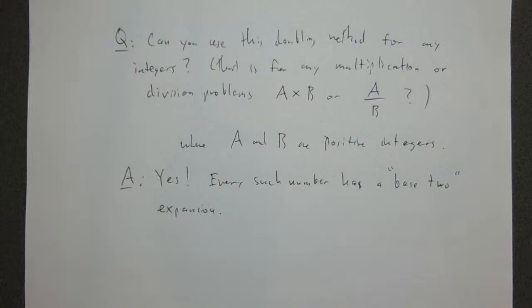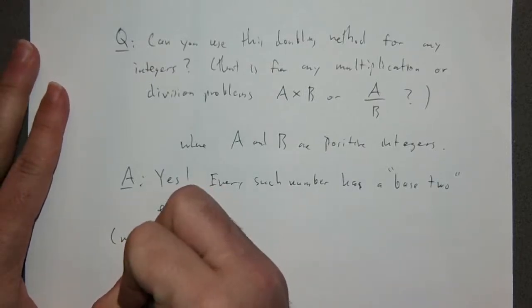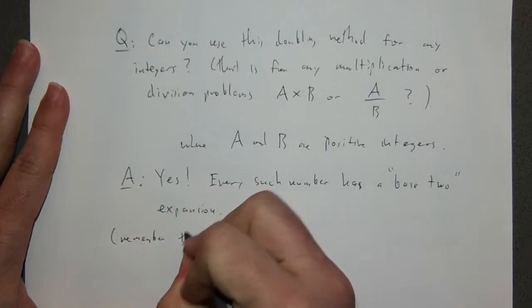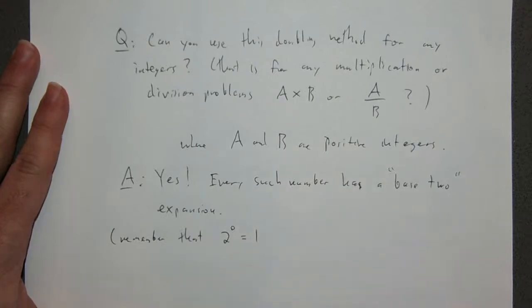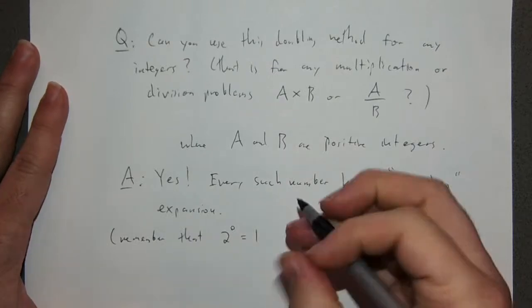We'll see exactly what that means in a second, but the point is that you can express any of these numbers as this base 2 expansion, meaning a sum of coefficients times powers of 2. Remember that 2 to the 0 is 1, and that's a power of 2.